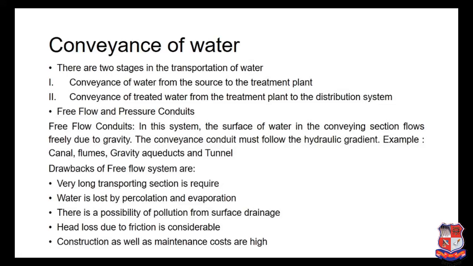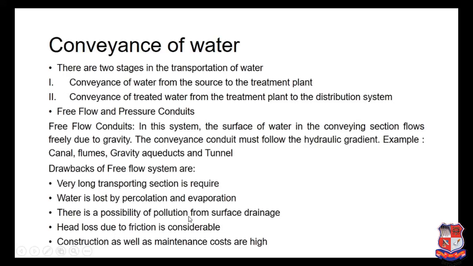But there are certain drawbacks of the free flow system also. Though we are not pumping the water, so there is no energy consumption, there are certain drawbacks, like a very long transporting section is required, and water is lost by percolation and evaporation, right? If we are supplying water through a canal, there may be percolation and evaporation of the water, so water will be lost.